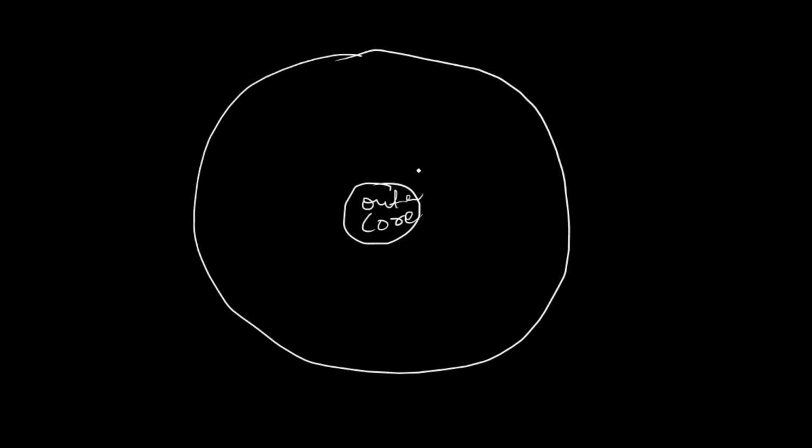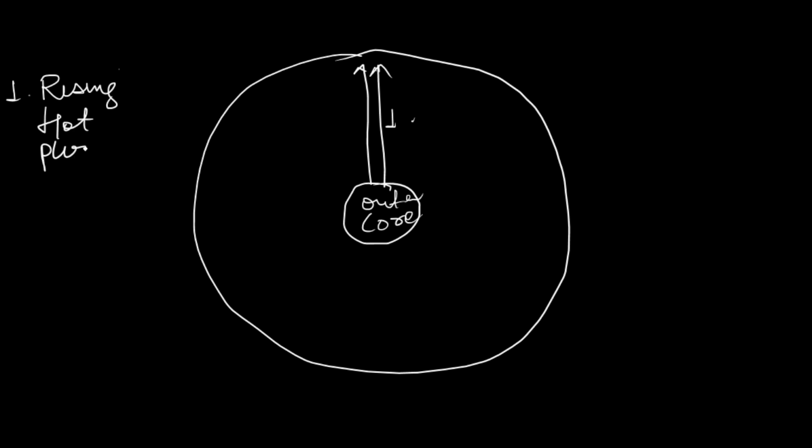So what happens? First of all there are rising hot plumes of magma. So this will rise from here. These are number one, rising hot plumes of magma. Then there will be some sinking cold plumes of magma. Let it be here, sinking from the asthenosphere to the inner core.